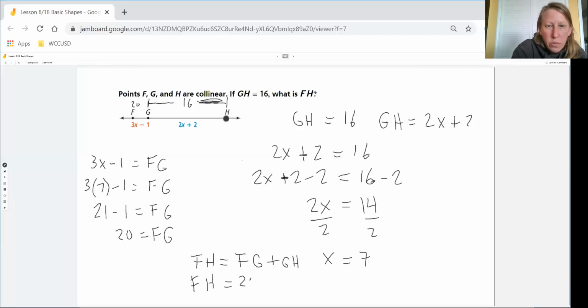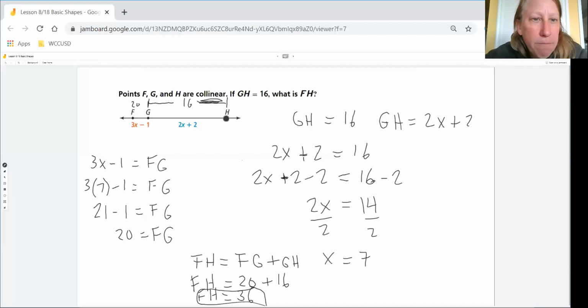So we just do 20 plus 16, and that gives us 36. FH equals 36. 36 steps to get from there to there. All right, that's the lesson. Be good, do your homework, and I will see you next time.